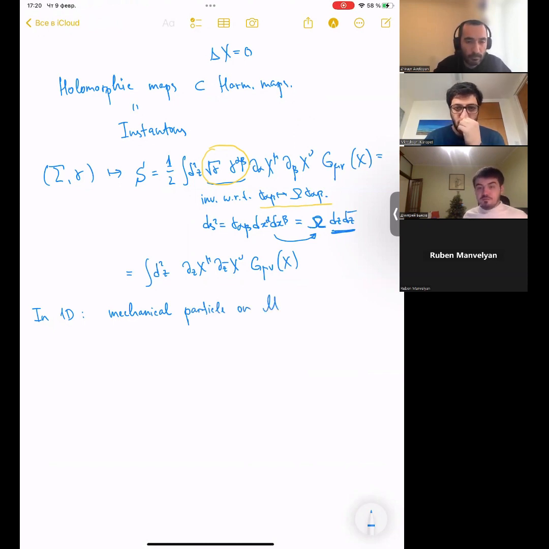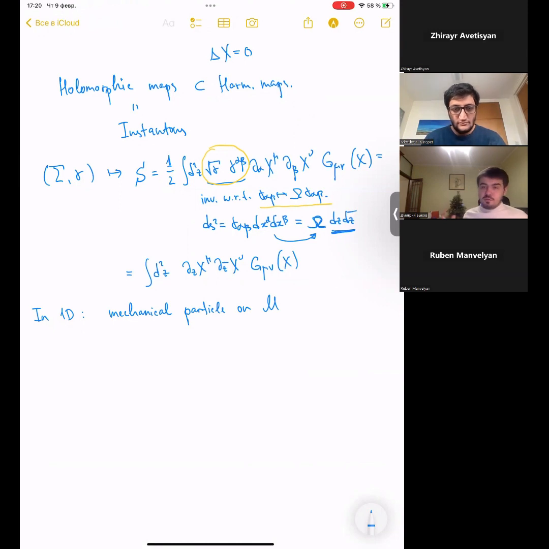I mean, if you just do dimensional reduction to 1D, this describes a mechanical particle on M, which is equivalent to geodesic flow on M.